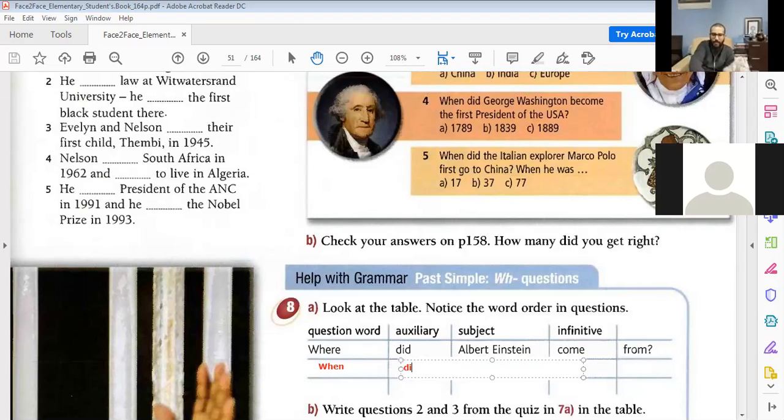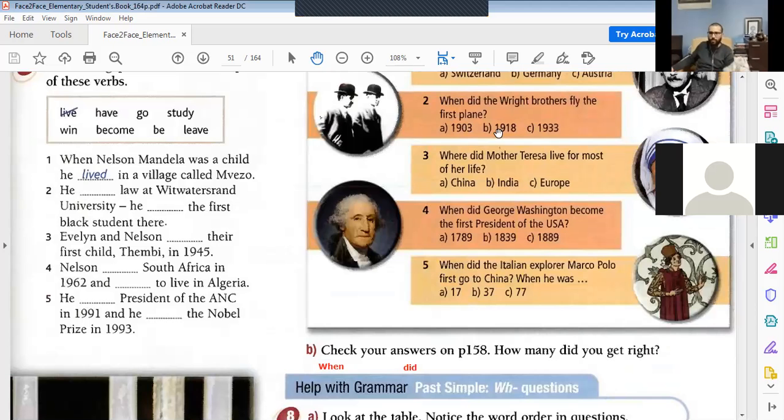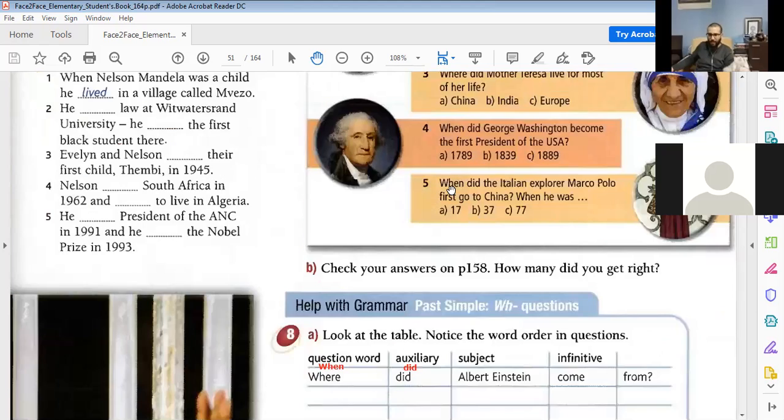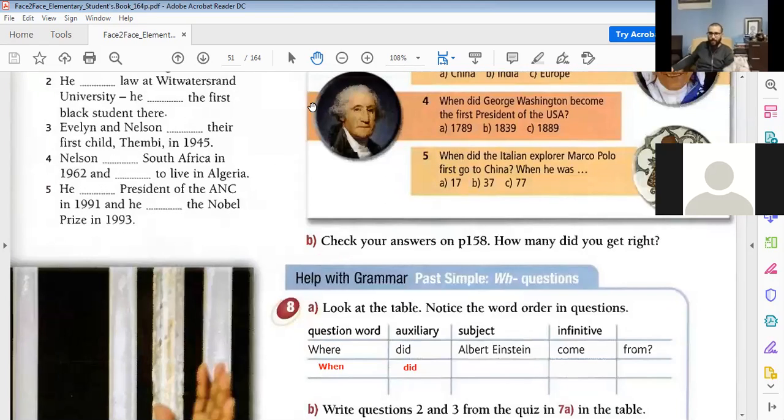After did, what's the subject in question number 2? The Wright brothers. Right, that's correct. So the Wright brothers, this is your subject. And what's the infinitive in this question?